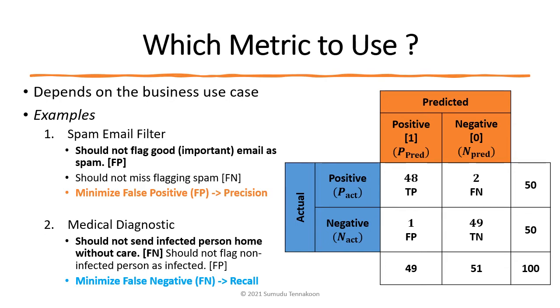If you receive an email to your mailbox, your classifier should classify that email as spam or not spam. If it is spam, it should move into the spam folder. If it is not spam, it should remain in the inbox, right? So that's basically what we do.